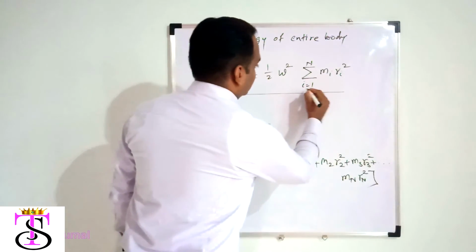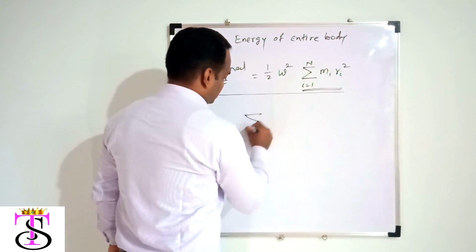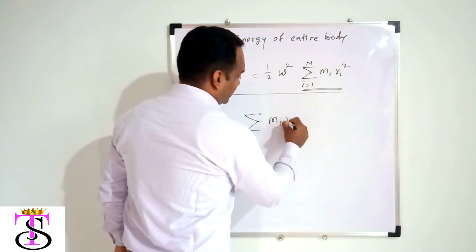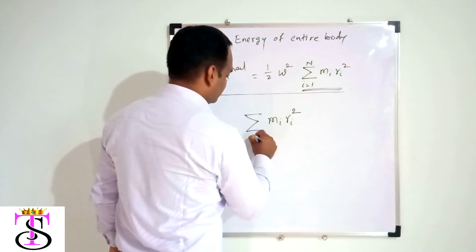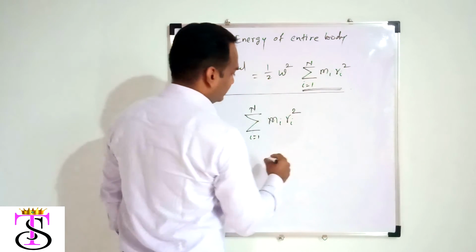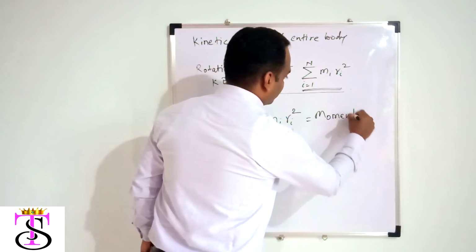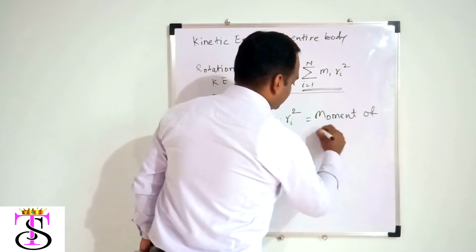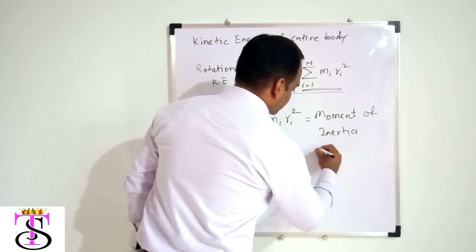In this equation, this term, summation of mi ri square, i equals 1 to n, is known as moment of inertia or rotational moment.